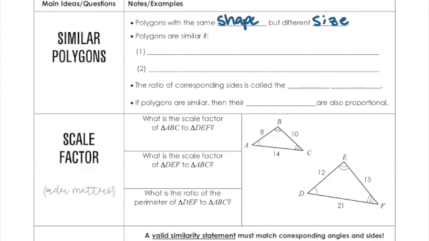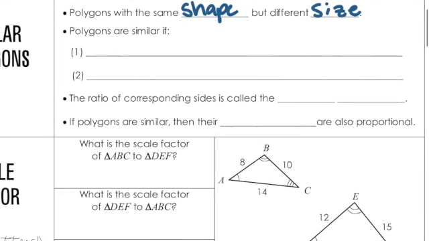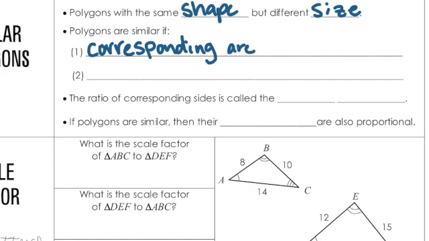Okay? Polygons are similar if two things. One, the corresponding angles are congruent. So corresponding angles are congruent. Oop, I forgot to put angles.